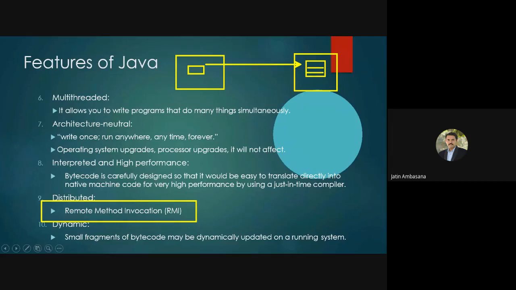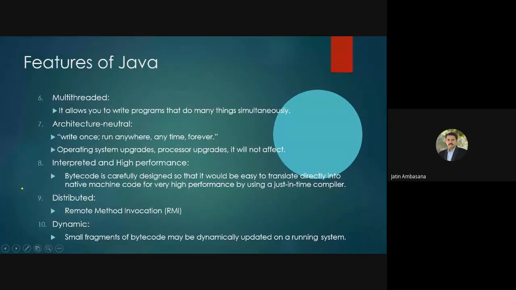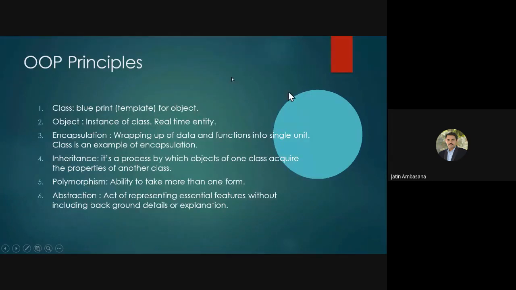That is called remote method invocation. Other distributed features are also there in Java. It is dynamic. Small fragments of bytecode may be dynamically updated on a running system. So these are some of the features of Java, which is why Java is popular. And the best part is that it is totally object oriented language. Why? Because everything is inside the class.